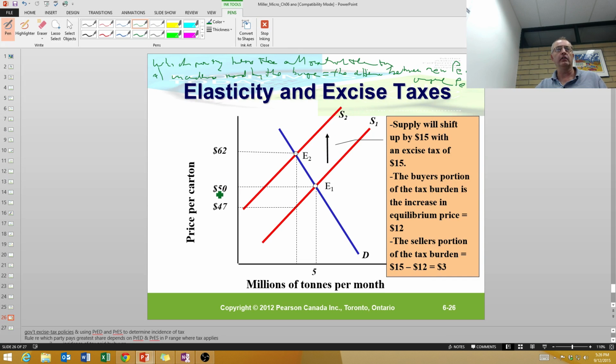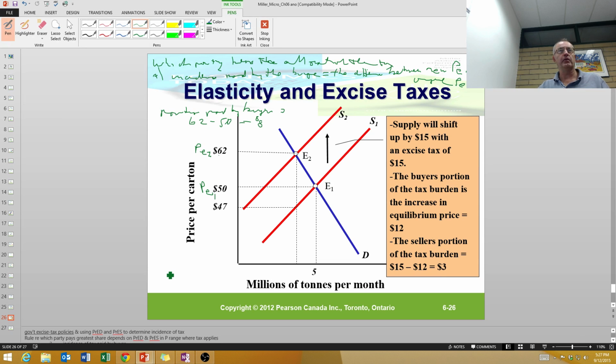In our diagram, $50 was our original equilibrium price, and our new equilibrium price is $62. So here's equilibrium price 1, here's equilibrium price 2. The portion paid by the buyer, the consumer, equals 62 minus 50 equals $8.